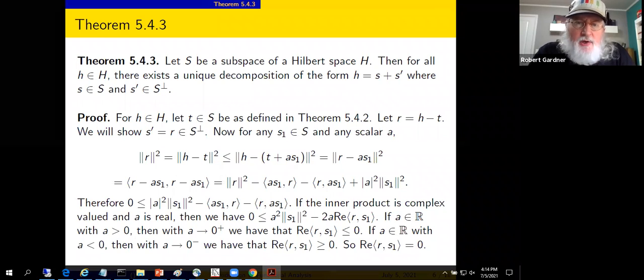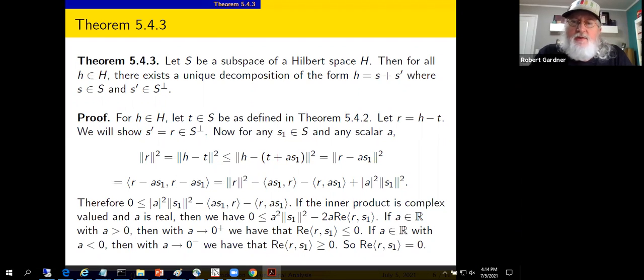Remember, we're trying to show orthogonality. We're trying to show that R is in S-perp, that R is orthogonal to everything in set S. We've chosen an arbitrary element of set S, this S sub 1.